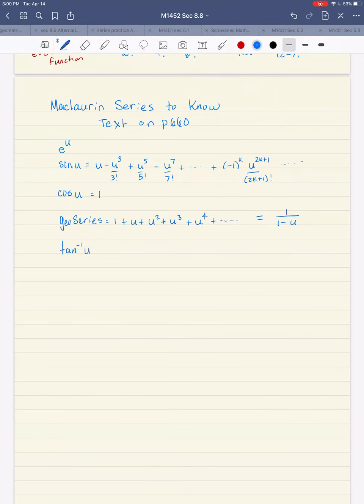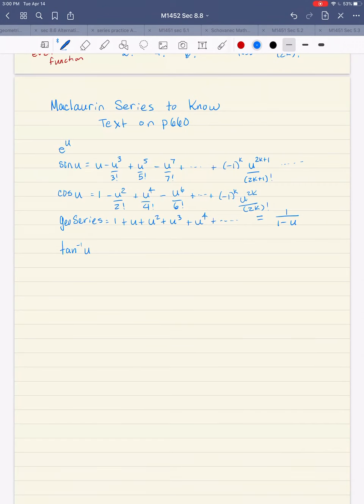Right? So this one would look like 1 minus u squared over 2 factorial plus u to the 4th over 4 factorial minus u to the 6th over 6 factorial. And so that one's got the even powers.